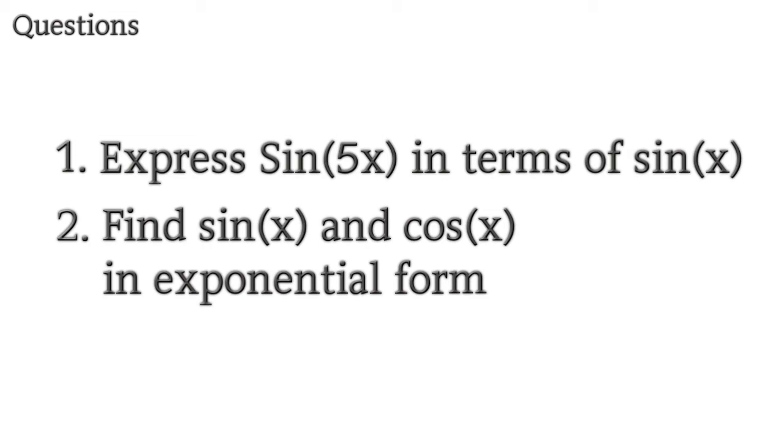So now that you've seen De Moivre's, you can attempt these 2 questions. For question number 2, I think it might not be that obvious as to what you should do, but it's not that difficult. I'll give you a tip: express a unit complex number in the modulus argument form, and then you can rearrange to get sine and cos.